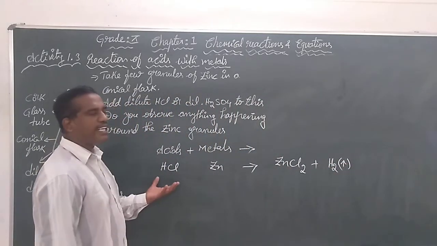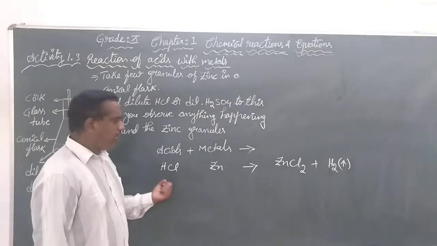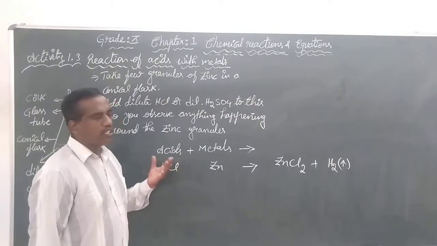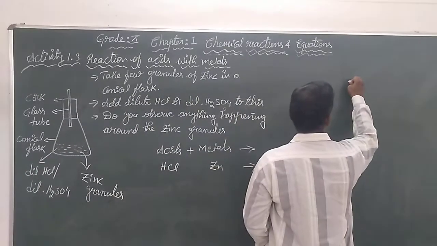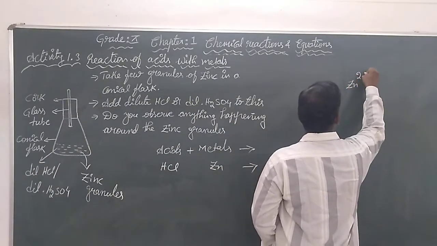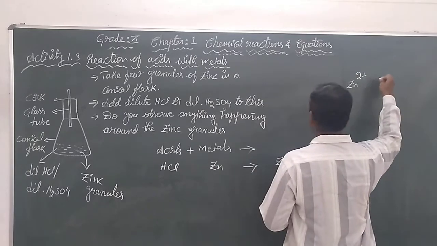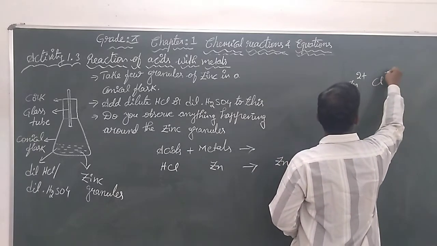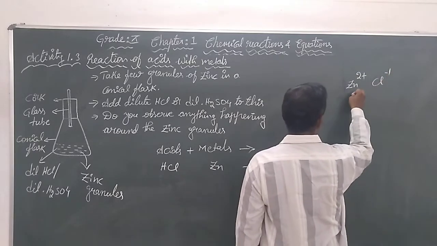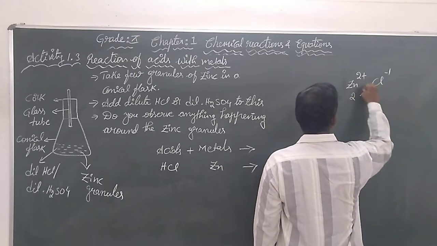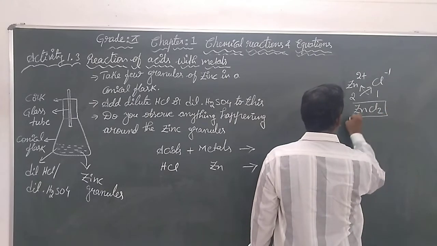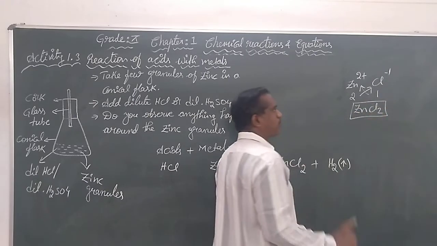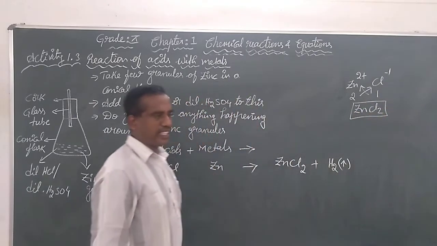Please observe, I didn't balance the reaction. According to the 9th standard topic, zinc shows a 2 plus valency, whereas chloride shows a -1 valency. Crisscrossing 2 and 1, we have ZnCl2. It means 2 chlorine atoms will combine with 1 zinc.